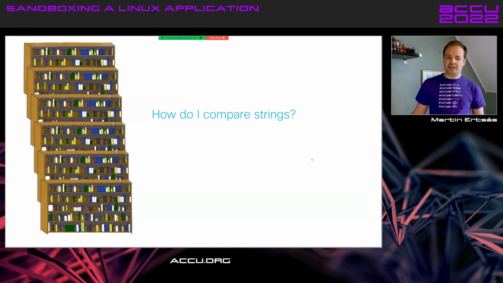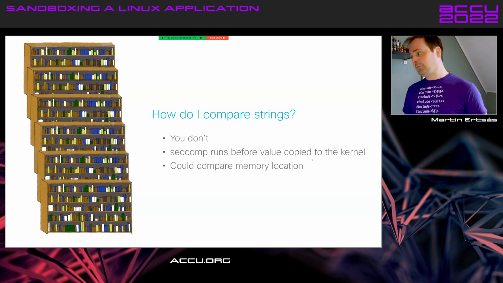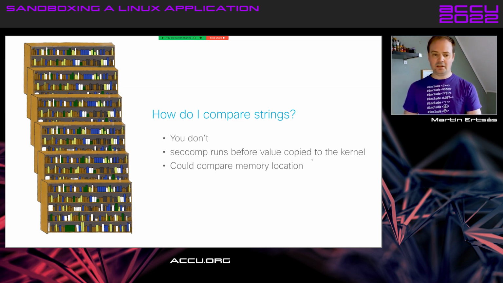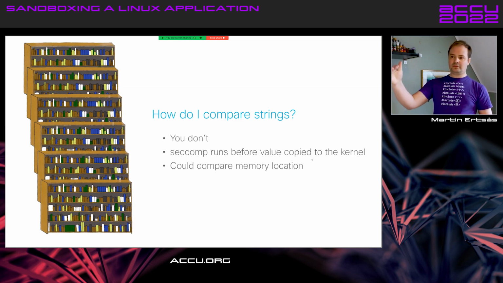And the reason for that is that you can't dereference a string, because the string is not copied to the kernel at the point where seccomp runs. So you shouldn't. Now, if you really want to make sure that your strings are correct, you could have a static variable, hopefully constant, put into memory, and use your seccomp to compare the memory location with that string.